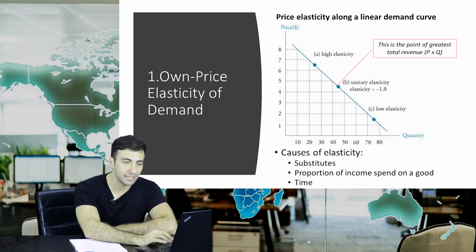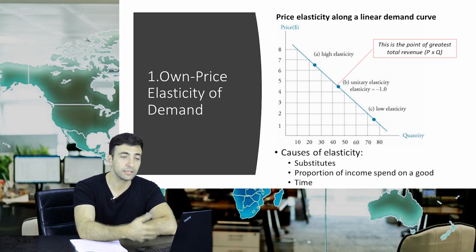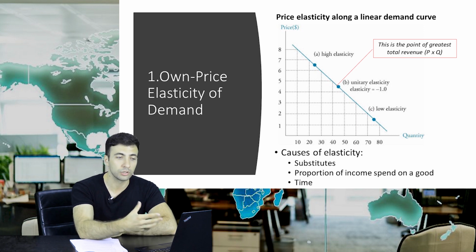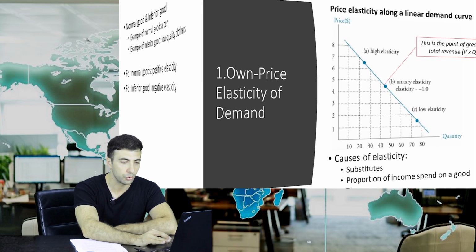Okay, so it means that at point B, the total revenue is greatest. In other words, this is the point of greatest total revenue, because if you multiply 4.5 by, let's say, 45, you will get the greatest total revenue.